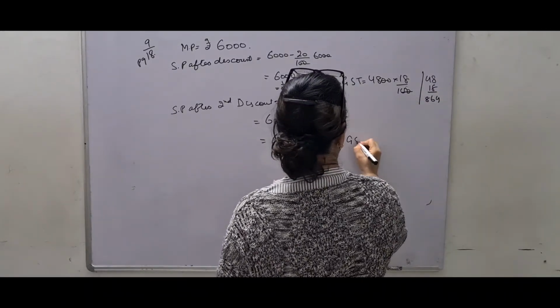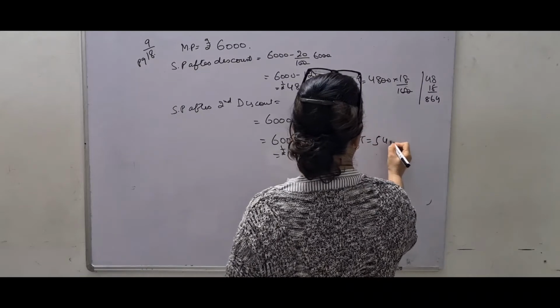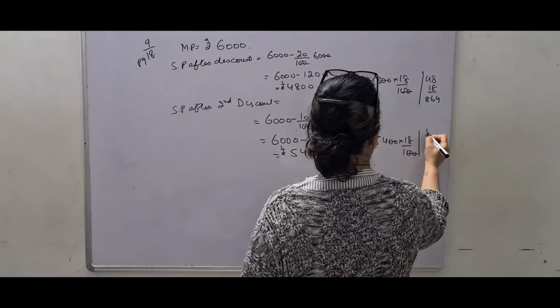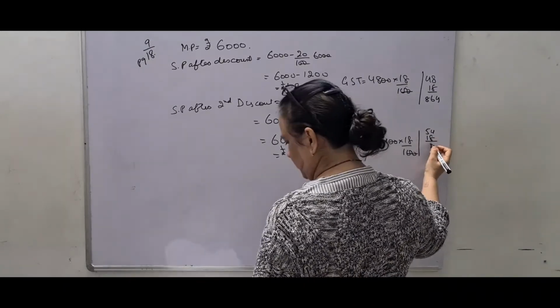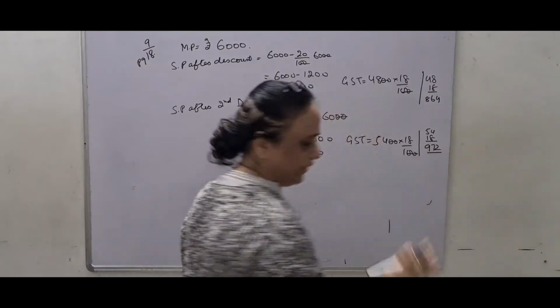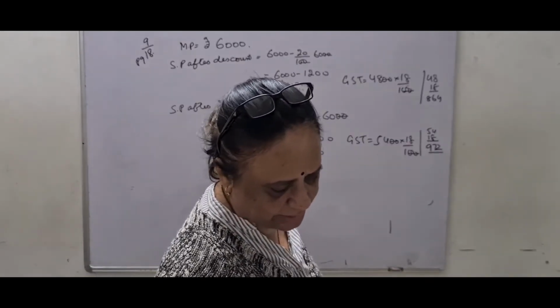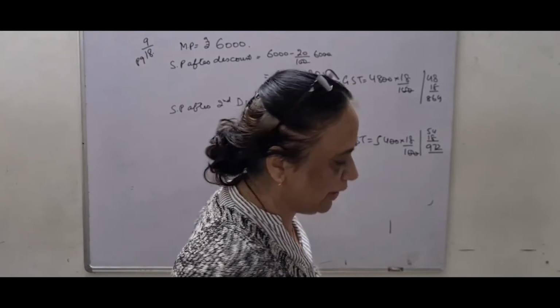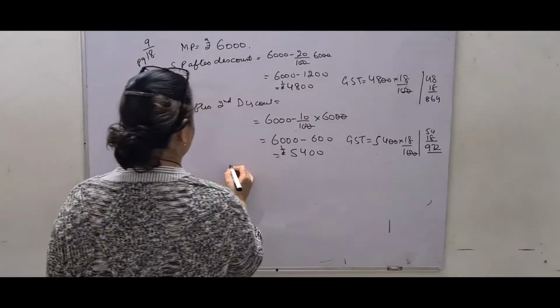Similarly, GST at the second stage is 5400 into 18%. So 54 into 18 you can do in the rough column. As I told you, the rough columns should be made very nicely. The question is very easy, again different language but the meaning is the same: what amount of tax will be paid by the dealer.